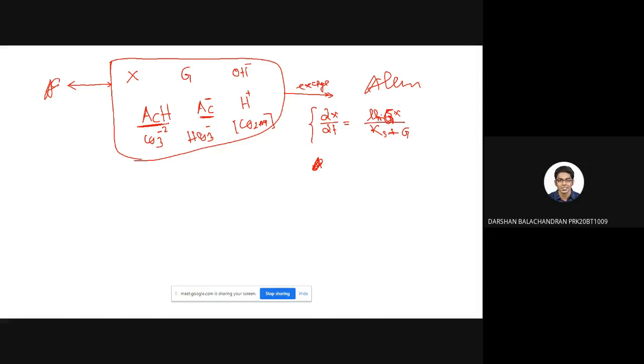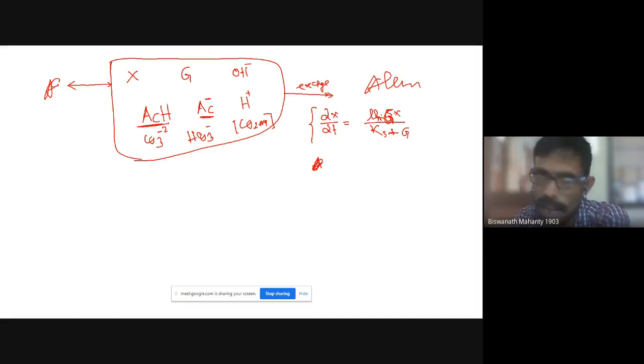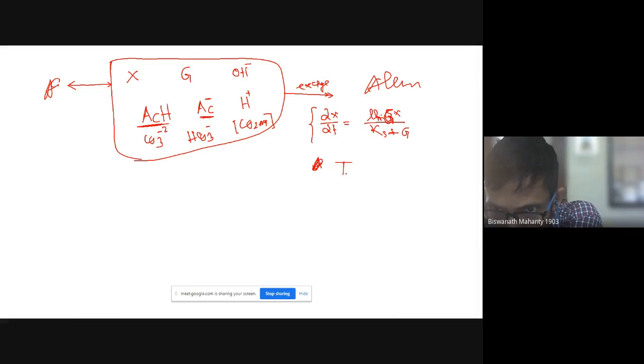Sir, because of dissociation of that particular. Correct. Because of dissociation. But their total is actually product, right? The total acetate, total product, is actually both. This acetic acid was also produced some time back, and whatever acetate I am having now is actually from acetic acid earlier.